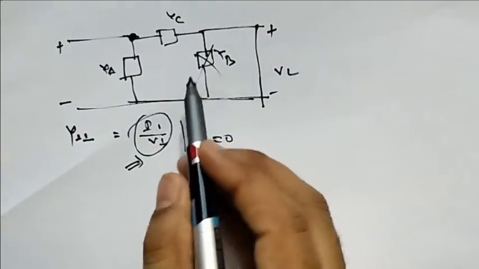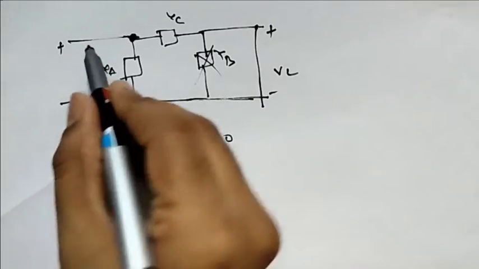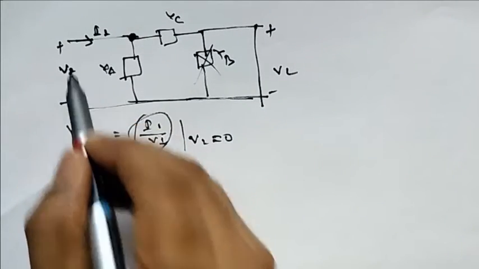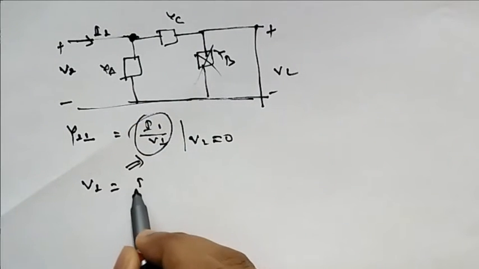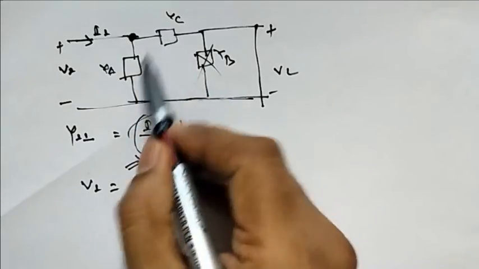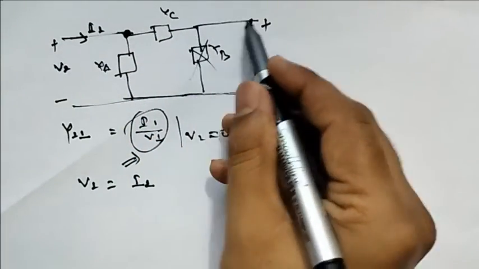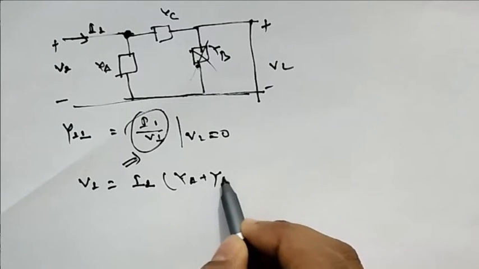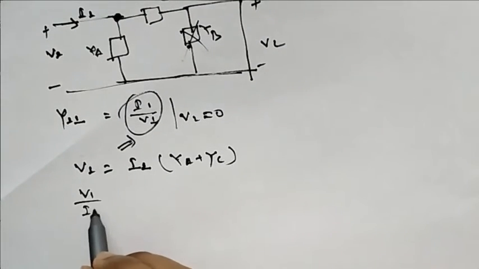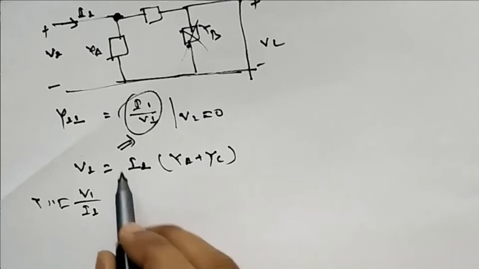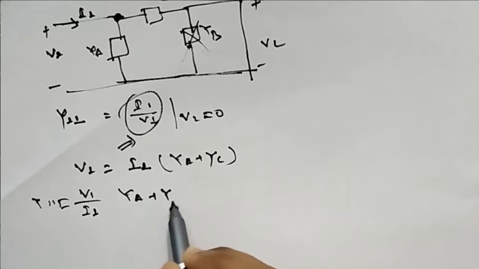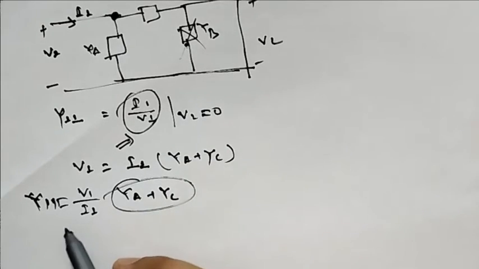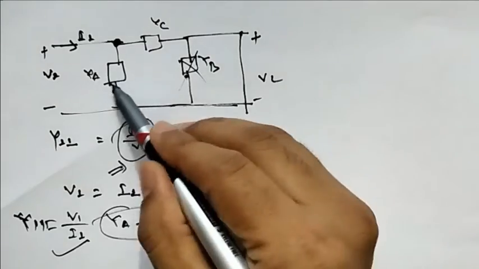The relation between current and voltage across I1, V1 will be I1 into the sum of admittance, because this is short circuited, so this will be neglected. So V1 by I1 is nothing but y11, and it is going to give me ya plus yc. So from here we got y11 as ya plus yc.